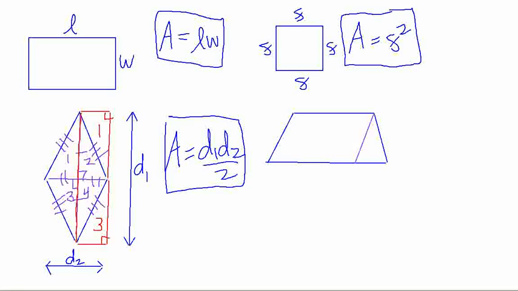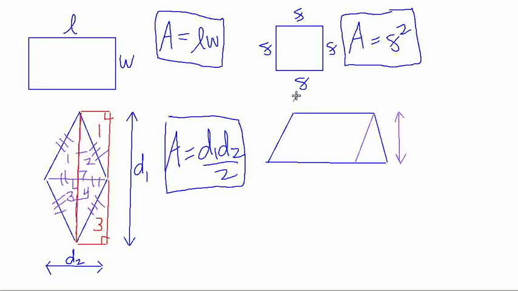So I've divided the area of the trapezoid into a parallelogram and a triangle. Now let's use the formulas for the area of a parallelogram and a triangle and add those together to derive the area of a trapezoid.